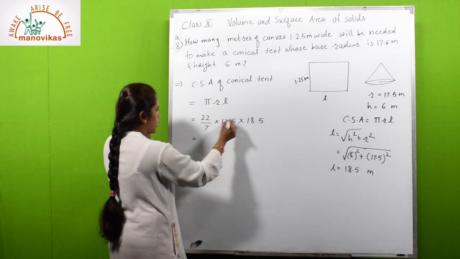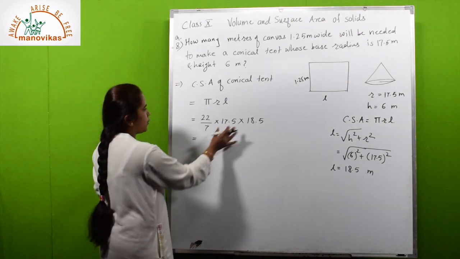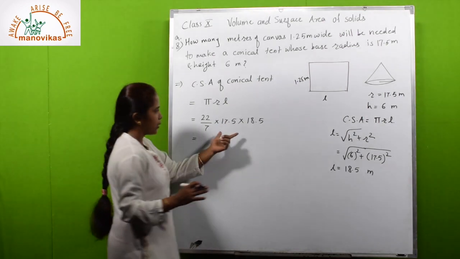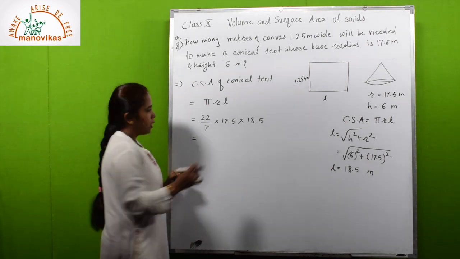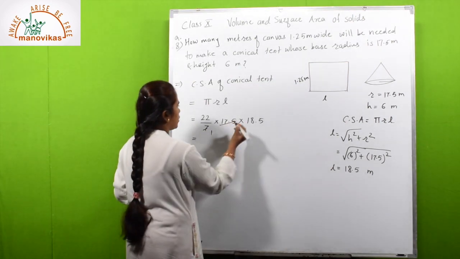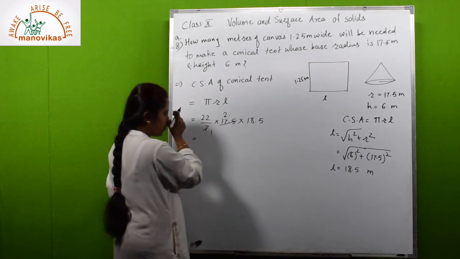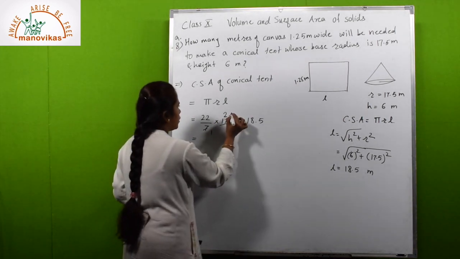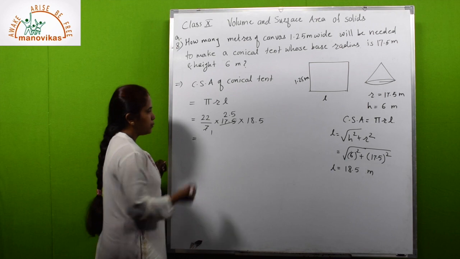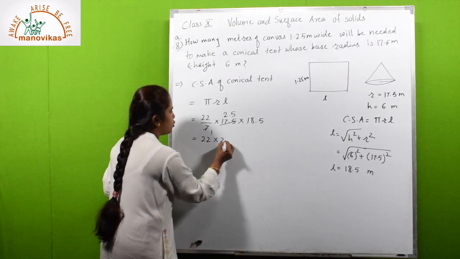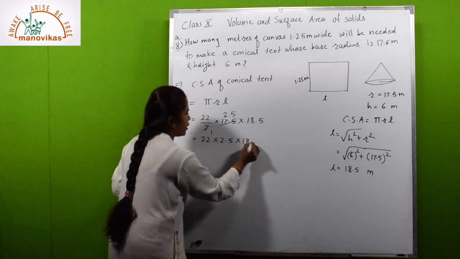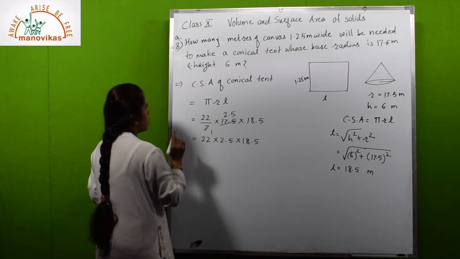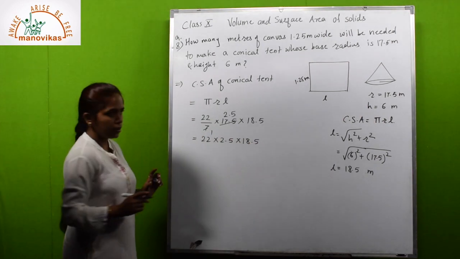If you divide this, see which number is divisible by 5, you can do that. Okay, so here 7 twos are and 7 5s are. So 22 into 2.5 into 18.5, this is the curved surface area of the conical tent.